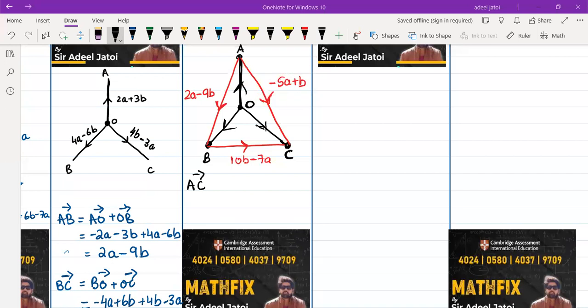So what does that mean? That means if I want to go to AC, the magnitudes that I have now are AB plus BC. AB's given direction is 2A minus 9B. BC's given direction is 10B minus 7A.